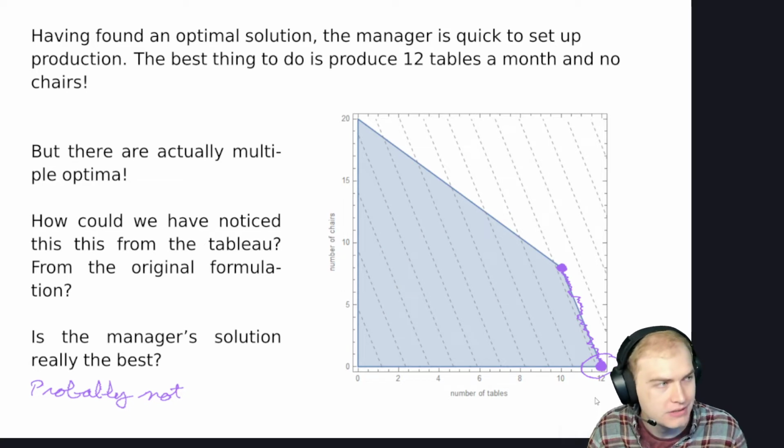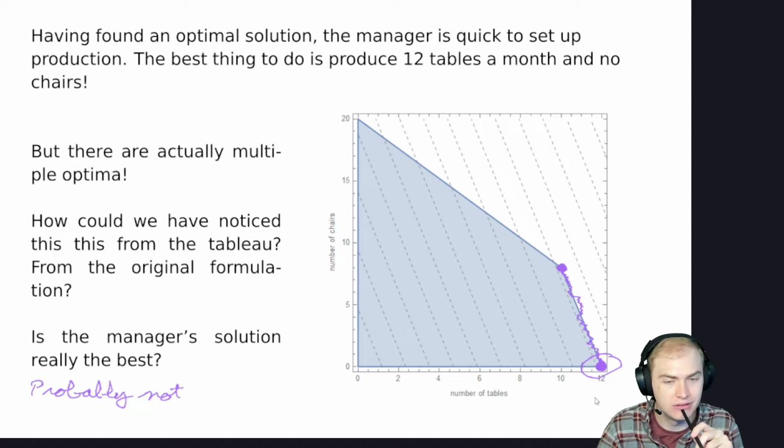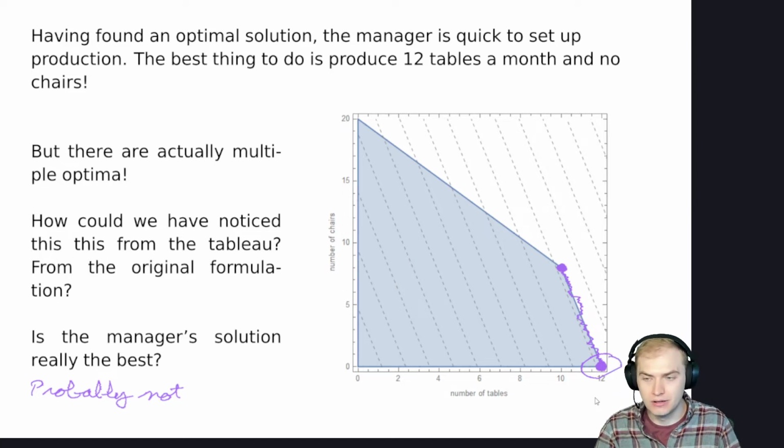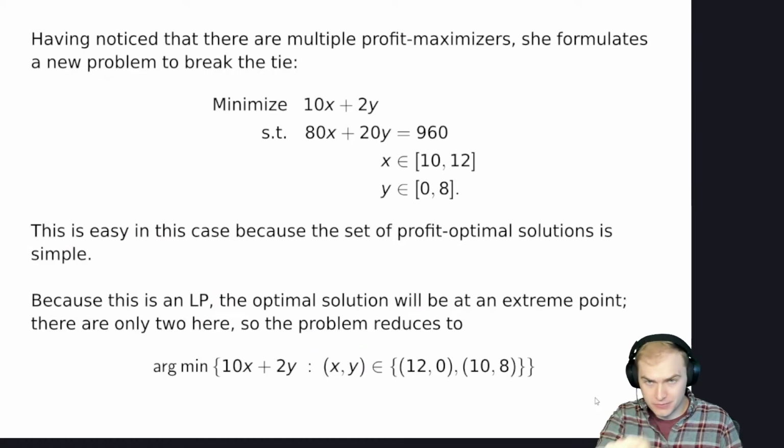It may not be quite as easy for a higher dimensional problem, but solvers have ways of doing this sort of ordered optimal solution method. So in this case, we can see exactly the feasible region we have.